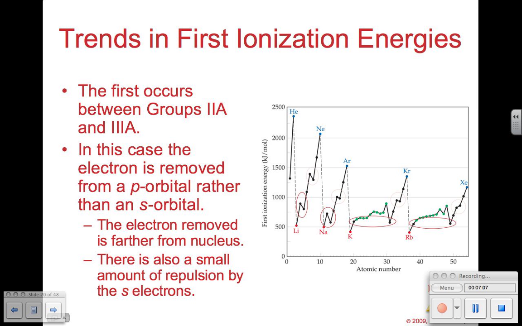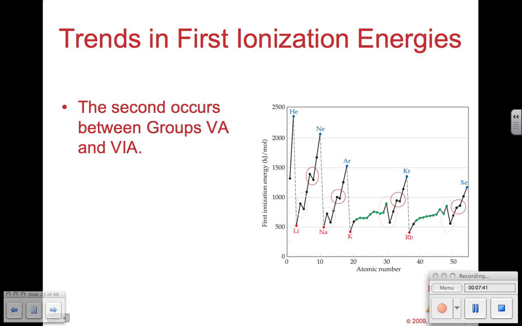And so when you have one electron in the p and two in the s, removing that one little p makes it so that the whole s shell is full and there's no extras in the p. So it takes a little less energy to remove that one little p electron. And the same thing with the bump as we go up will occur as well. The electron is removed from a p orbital rather than an s orbital, so the electron removed is farther from the nucleus. There's also a small amount of repulsion by the s electrons.